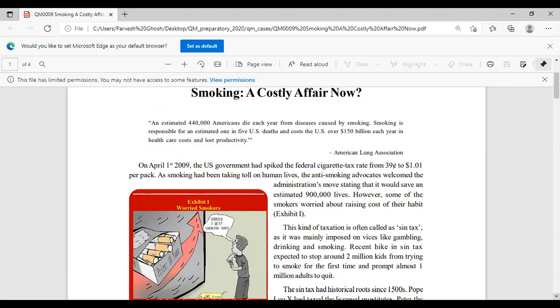So different governments, whether it's the American government, Chinese government, even the Indian government, from time to time try to increase the price of cigarettes or tobacco products so that there is a reduction in smokers in a country. This is the fundamental. Now you have to go through and read what happened. Several data will be given in the case, so please go through.